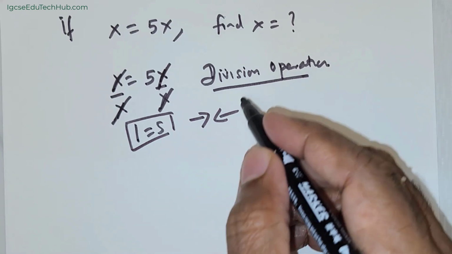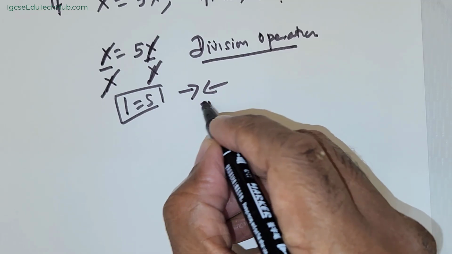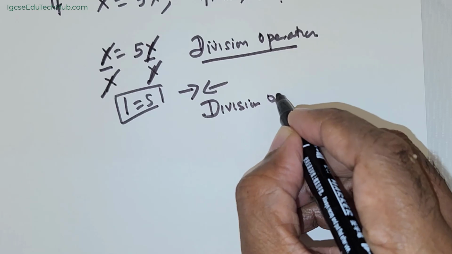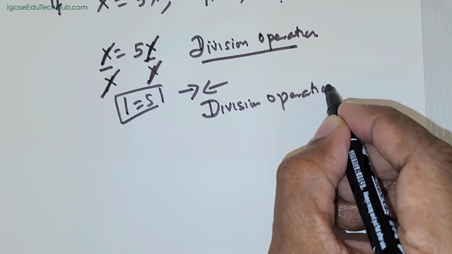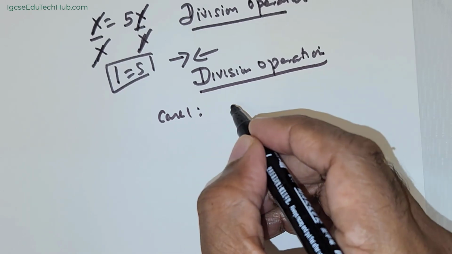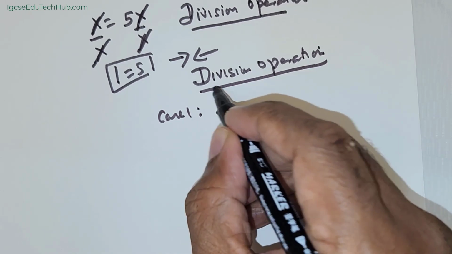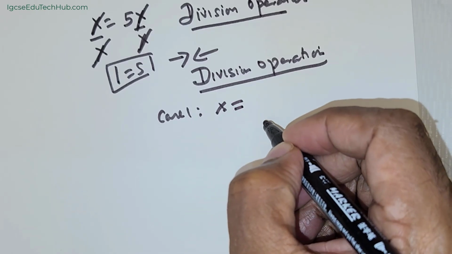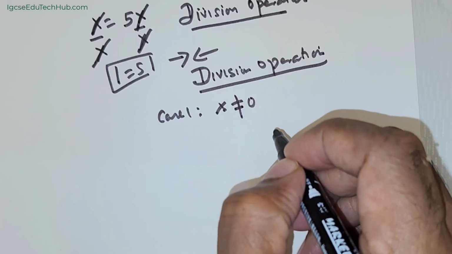Now it is imperative to understand that to use the division operation you have a condition. Now there are two cases. Case 1, the number, in this case x, that you are using should not be equal to 0.